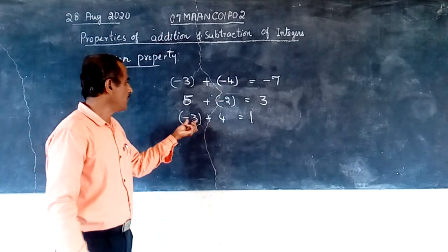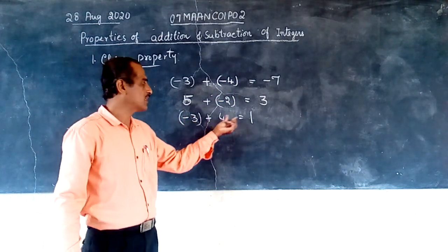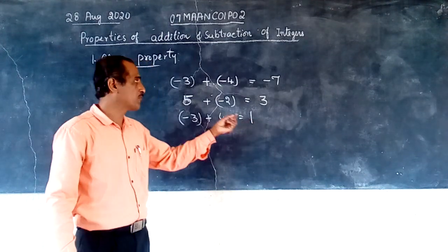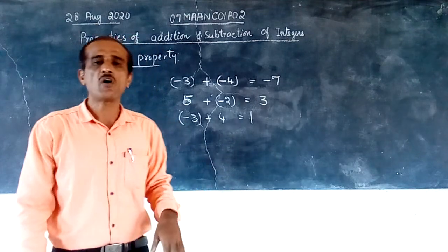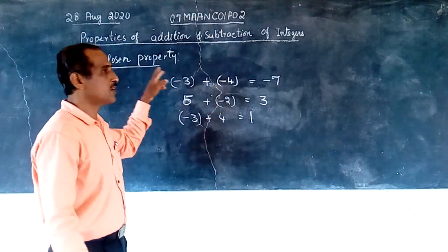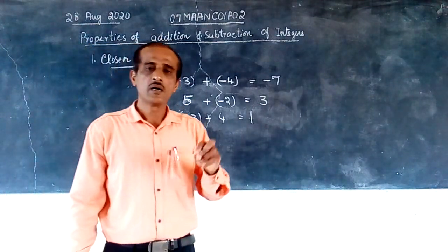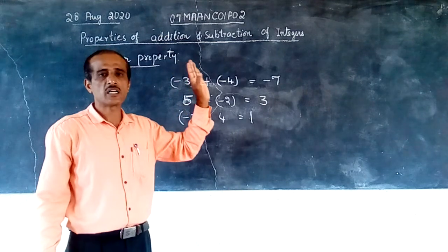Here, if you add two integers, minus 3 is an integer, 4 is another integer, 1 is also an integer. Therefore, if two integers are added, then the sum is also an integer. Therefore, we can conclude that integers are closed under addition.